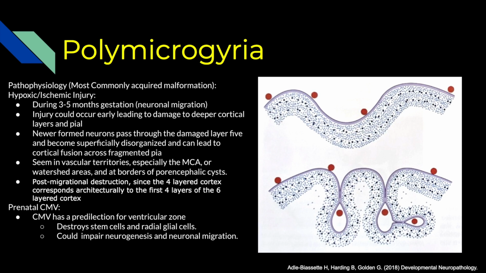That's why it's considered a neural migrational disorder. It's unclear what the mechanism is, but it's possible that the hypoxic insult or the viral insult can cause damage to the deeper cortical layers and the overlying pia, giving it the appearance that we see.